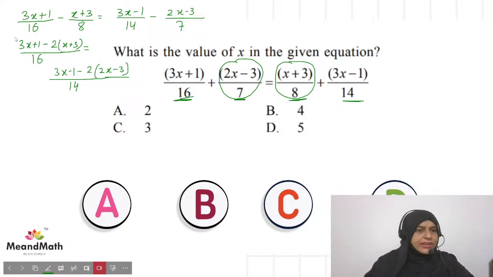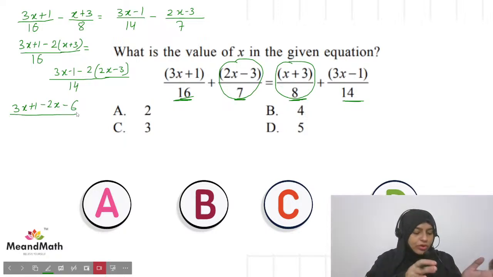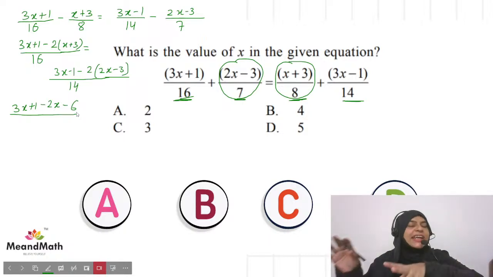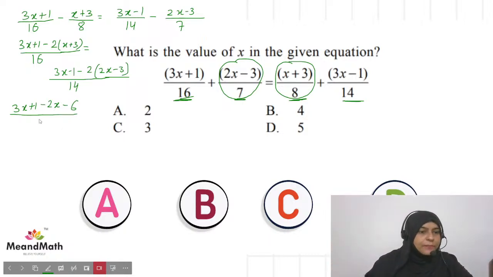Now it's simple. We need to solve it. It is 3x plus 1 on the left hand side, then minus 2 multiplied with this bracket: 2x, and minus 2 multiplied with 3, it will be minus 6. We know that whenever there is a negative sign outside the bracket, all the signs inside the bracket change. It is equal to 16.